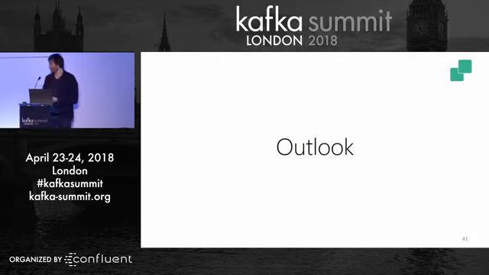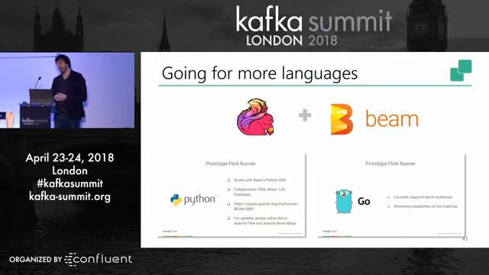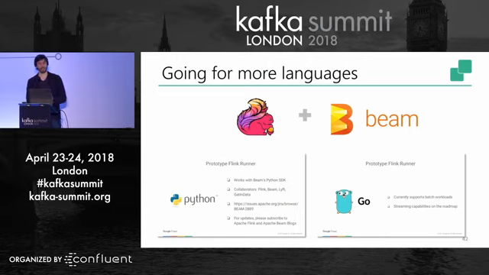I have a few more minutes left, so let me quickly talk about an outlook, what we are working on at the moment, and then maybe dive a bit into the snapshot and transaction integration. One project that I personally really like and can get excited about is the collaboration between Flink and Beam in opening up the ecosystem to a few more programming languages.